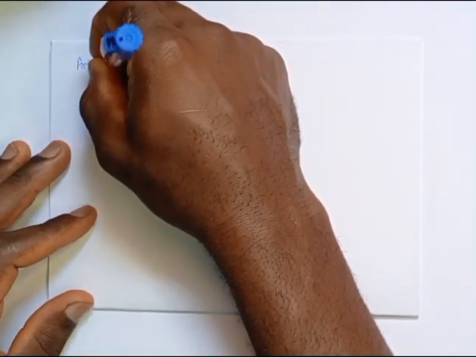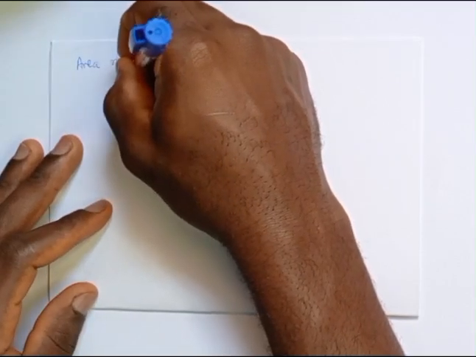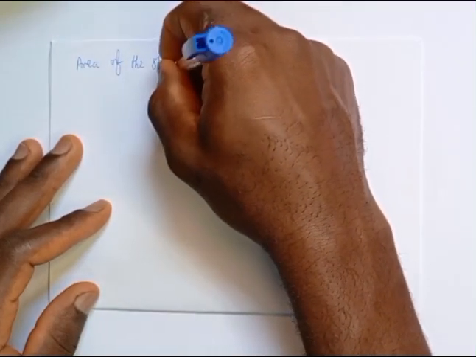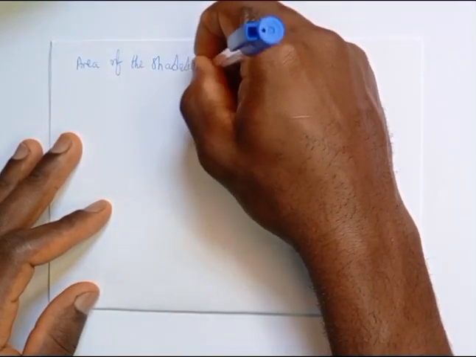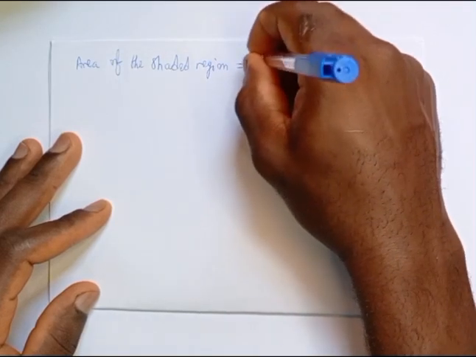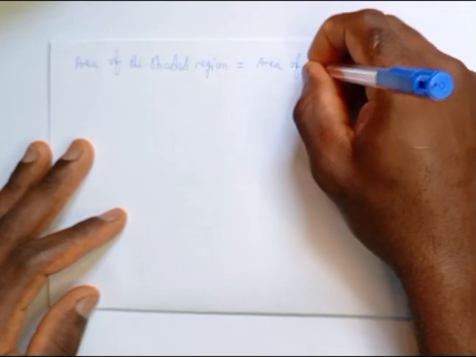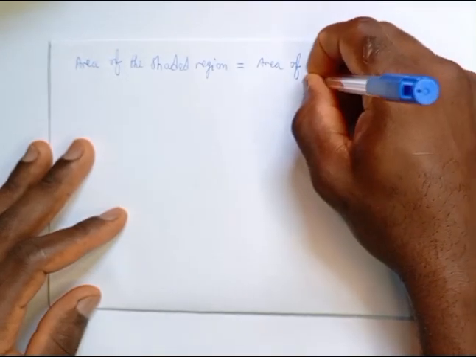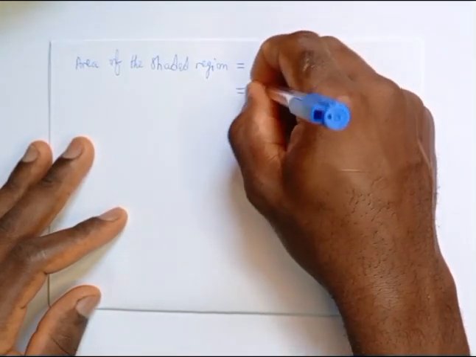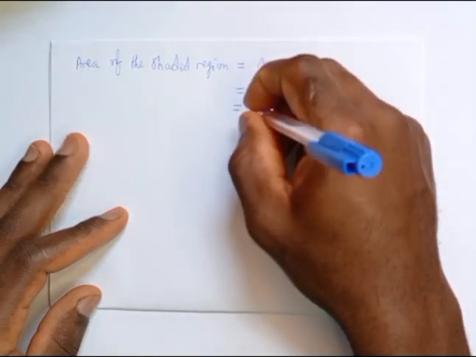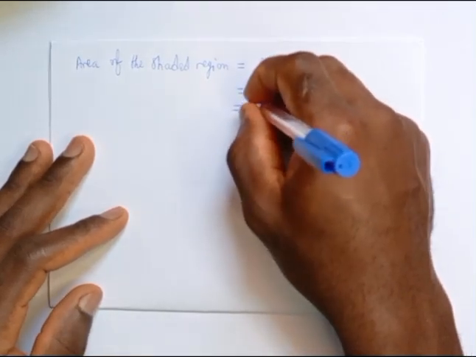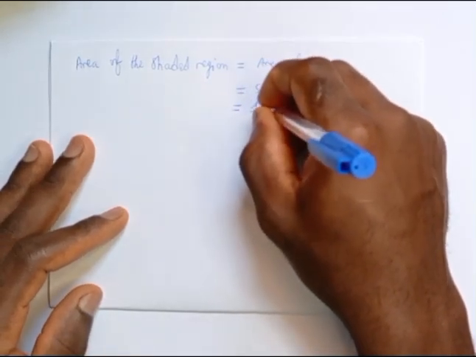Area of the shaded region is equal to area of square, and the area of a square is given by side times side. The square is of side 12 meters.